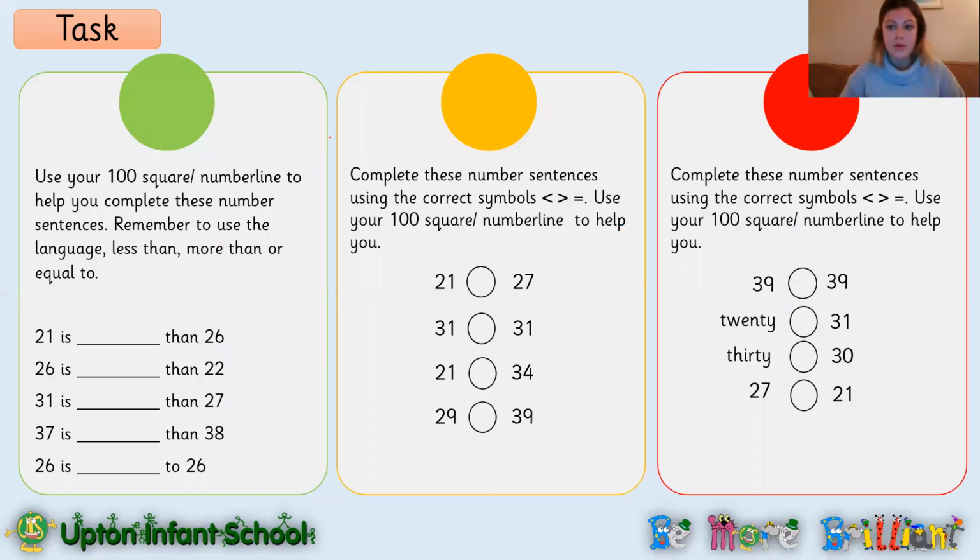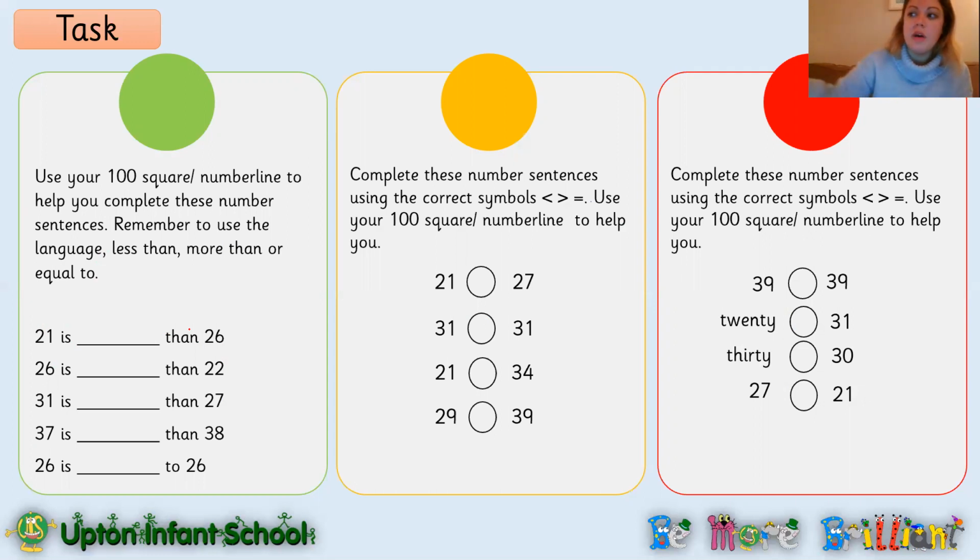So moving on to our task for the day now. If you want to have a go at the green challenge, then use your 100 square, or you can use your number line if you've got that in your home learning pack. And your task is to complete these sentences. So you need to use the language less than, more than, or equal to. So for example, we have 21 is something than 26.